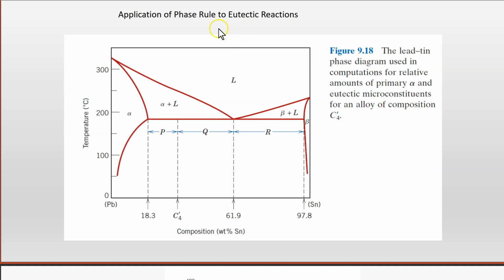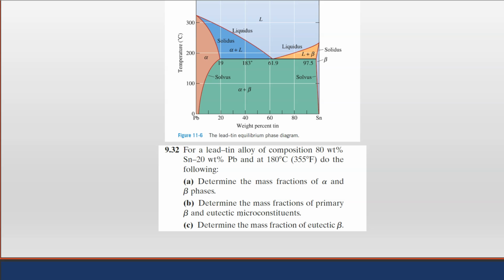So when we apply the phase rule to eutectic reactions, and we're interested in finding the amount of eutectic, we treat this as a microconstituent of the composition of the eutectic when we apply the lever rule. Let's demonstrate that by solving this problem.